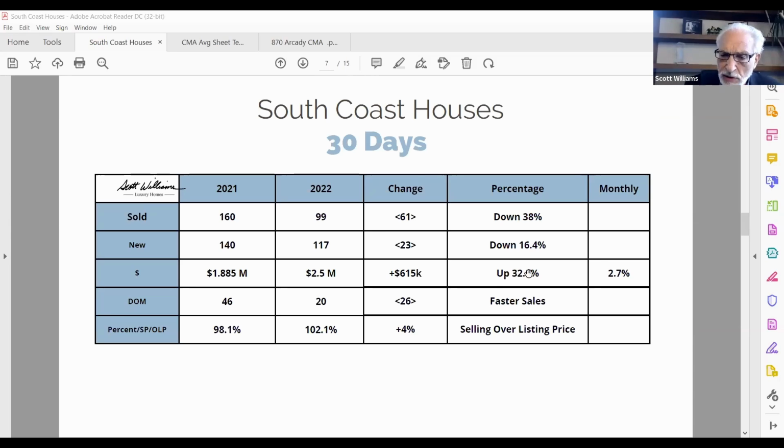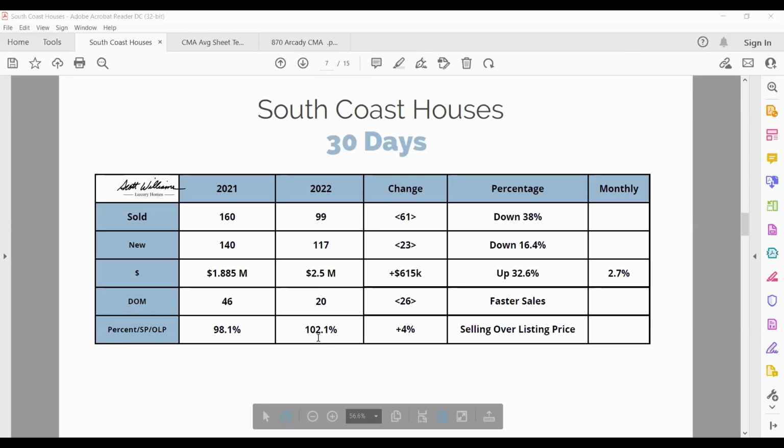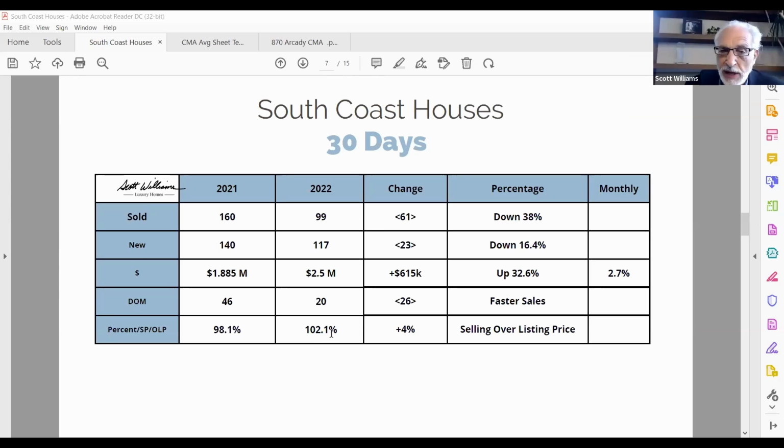Still, I don't want to stand on it and say that we're just going faster and faster, because this is still a small amount of houses. But there it is, it's showing 2.7% per month change of pricing. And the average property is selling for 102%. The average property is selling over the listed price.